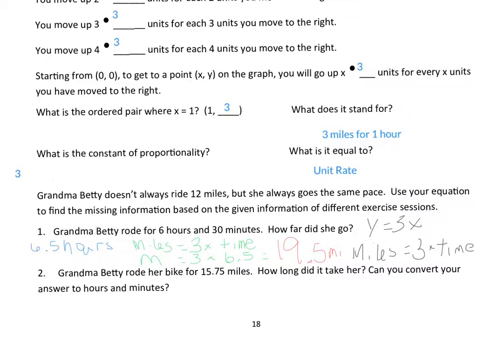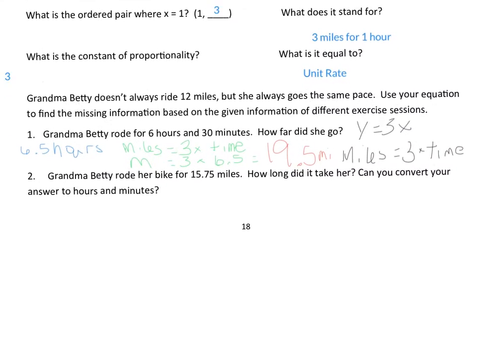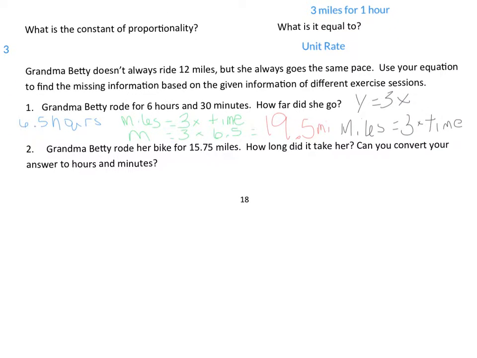Now, what if they gave us the other unit and they said she rode her bike for 15.75 miles? In the equation, miles equals 3 times time. So they gave us the equation, they gave us that it was 15.75 miles, and we found that by doing 3 times the time. It said, how long did it take her?